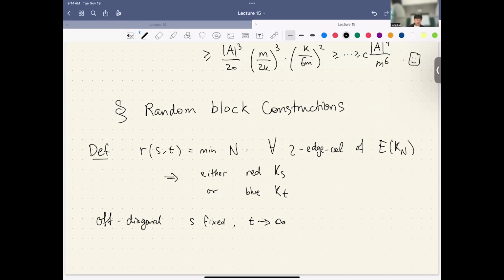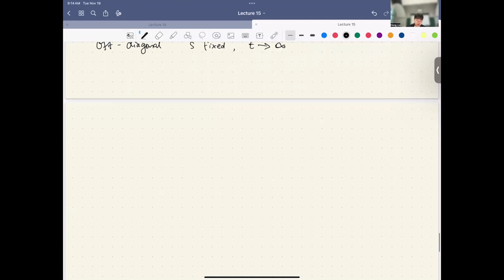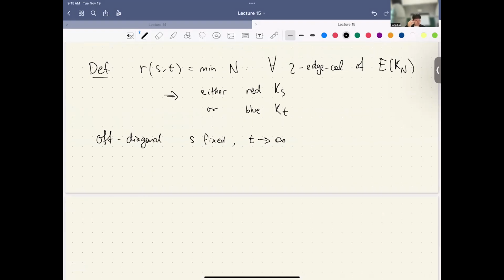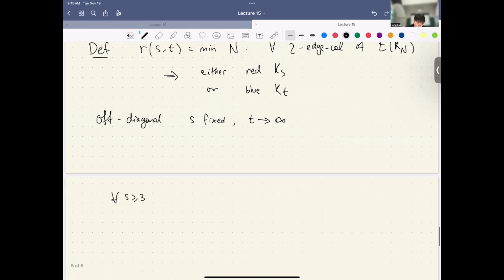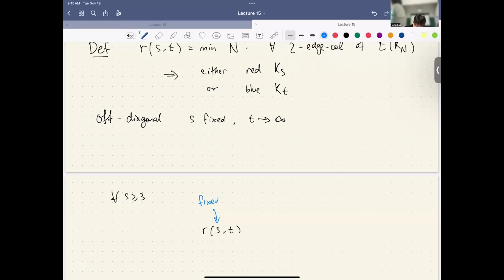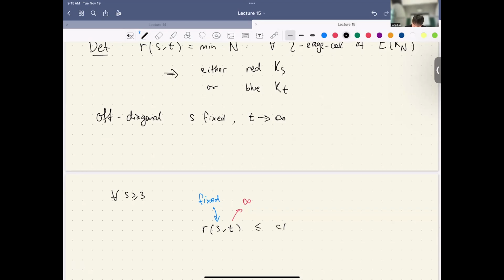In this case, the best upper and lower bound we have is, for any fixed s at least 3, that the Ramsey number R(s,t), where s is fixed and t goes to infinity, is at most some constant depending on s times t to the s minus 1 over some log factor, say log t to the s minus 2.